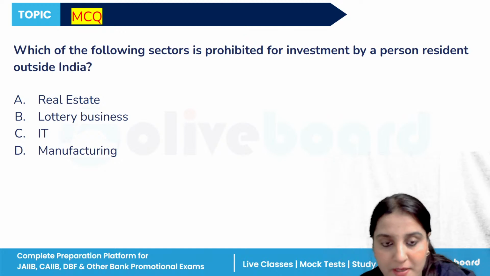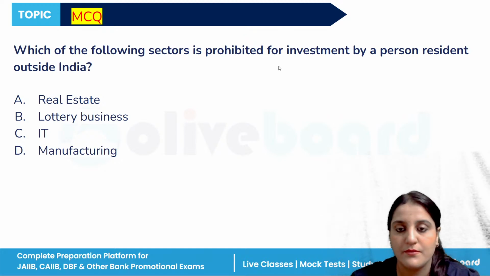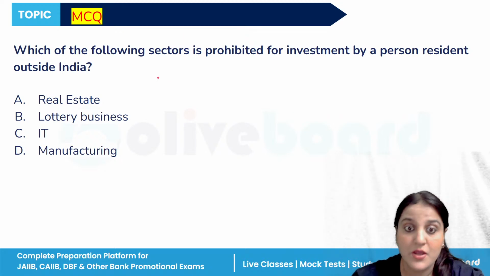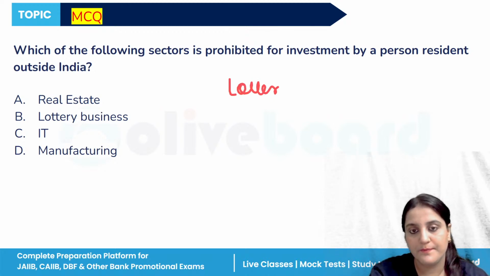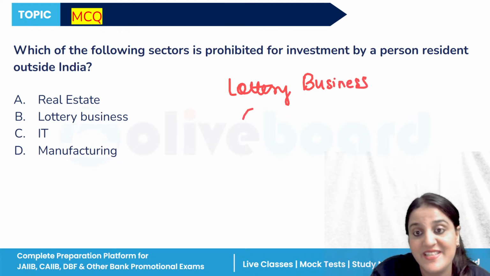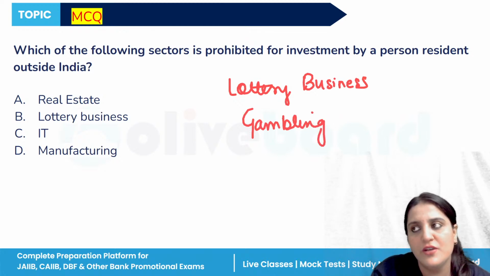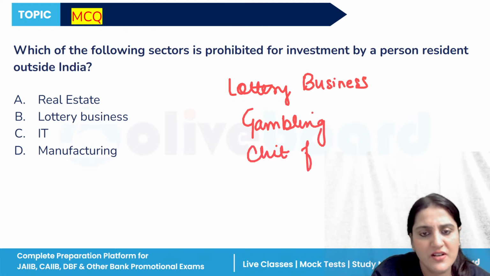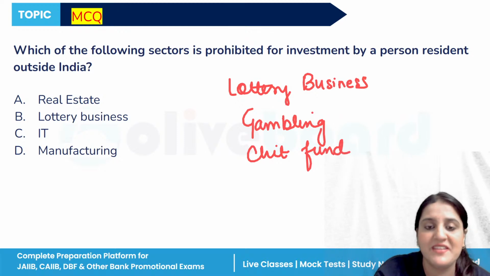Investment by a person resident outside India is prohibited in the lottery business, which includes government and private lotteries, online lotteries, gambling and betting, including casinos, and chit funds, except for investments made by NRIs and OCIs on a non-repatriation basis.